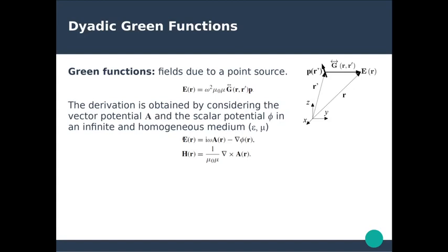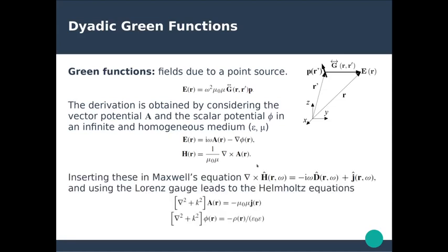These are the two expressions that are well known in electrodynamics. Then, using those expressions, you can insert them into Maxwell's curl equations. You can use the Lorentz gauge, and this leads to two sets of Helmholtz equations, which are given here.